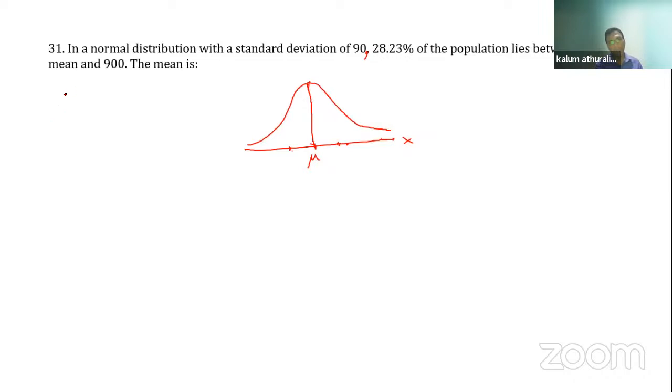Then you check the answers. All answers are less than 900. All are 800 something: 860, 850, 840, 830.